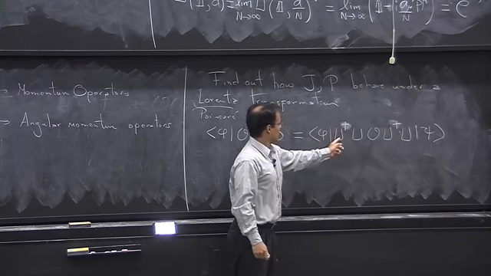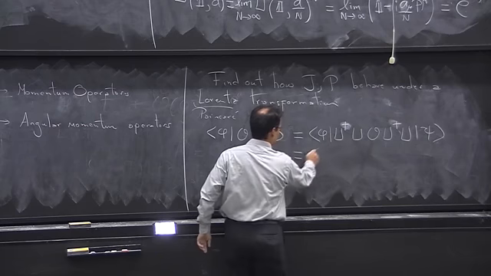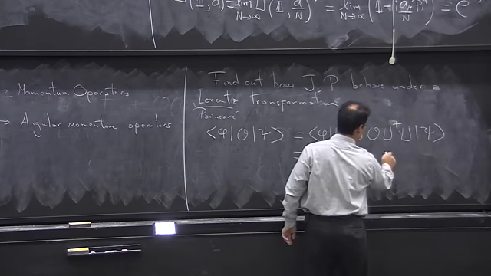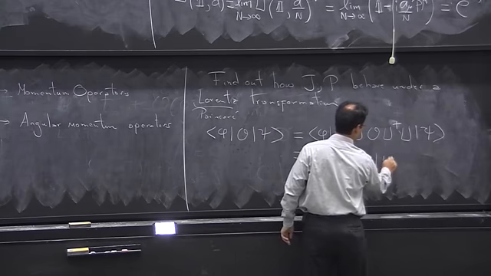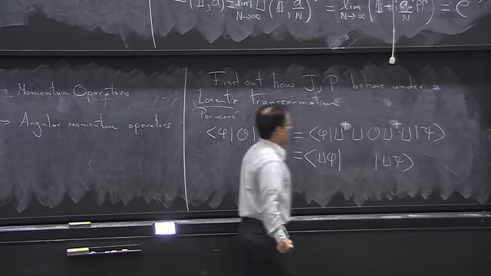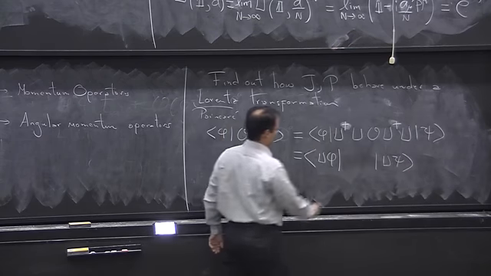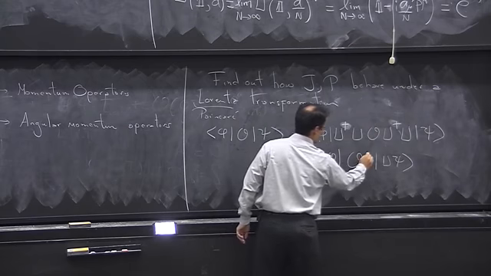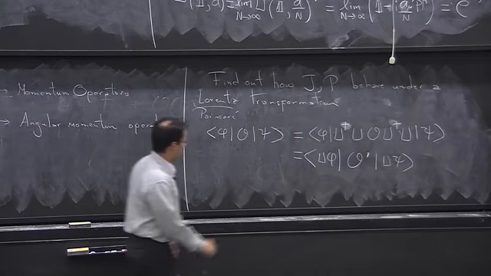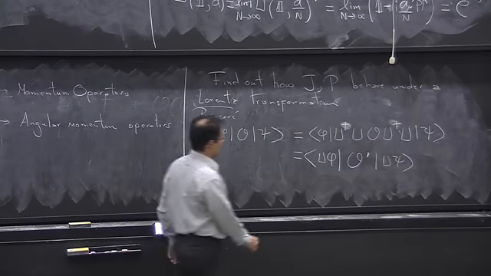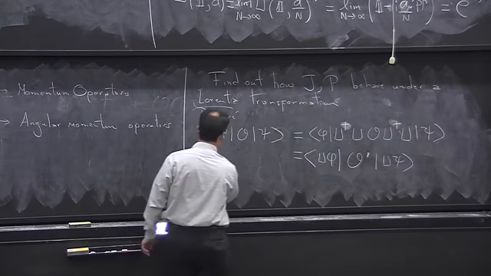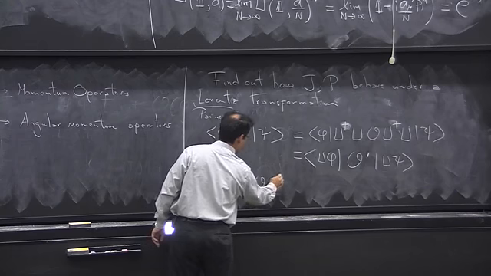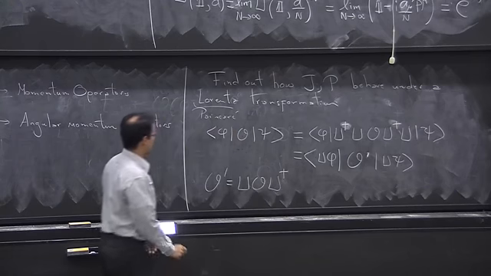Once I replace this by a dagger, I can recognize this as being U of phi, and this as being U times psi. And whatever I get here is going to be our new operator, O prime, which ends up being U O U dagger. Okay?